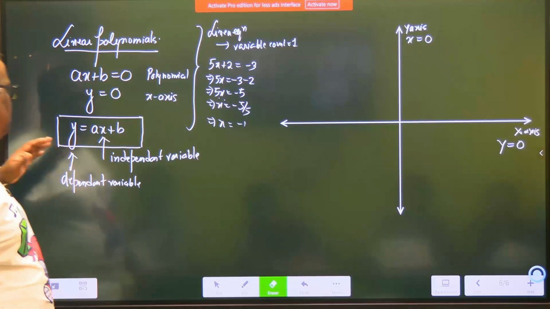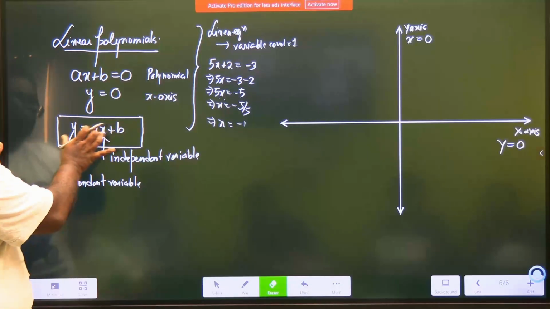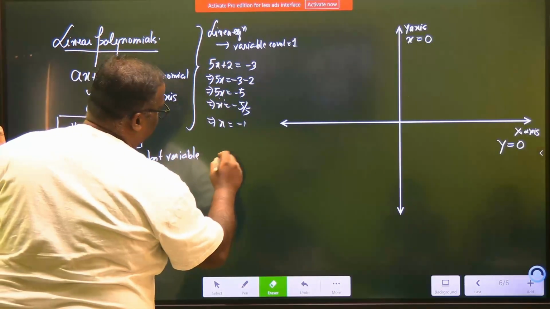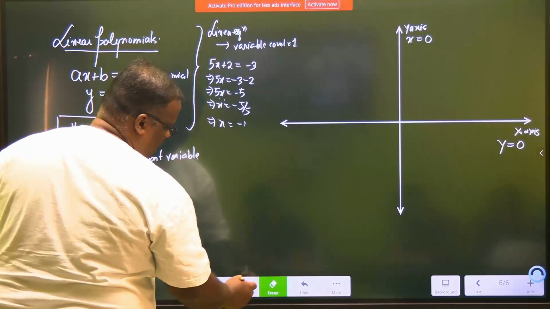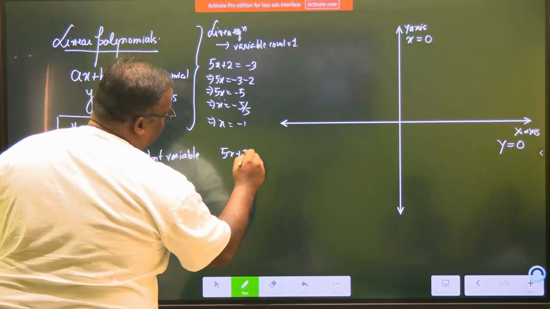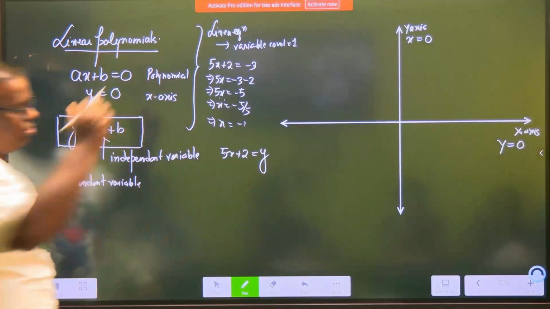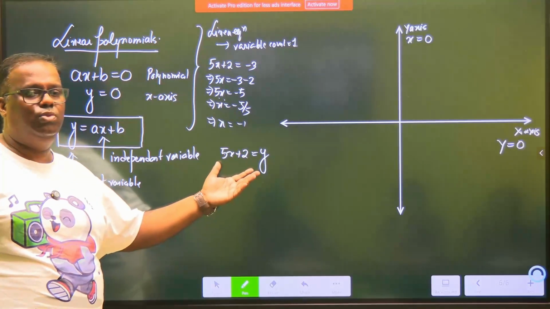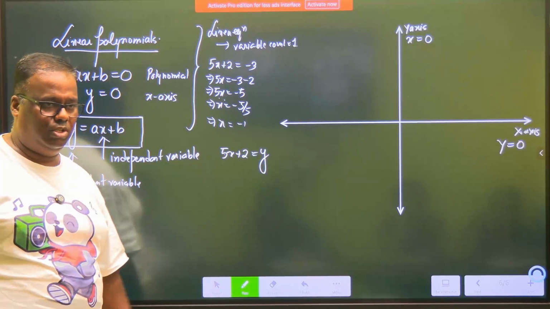Suppose my given equation is y equal to ax plus b, or say somebody gives you the equation 5x plus 2 is equal to y. This is an equation they have given you, and they tell you to find the solution of this equation.